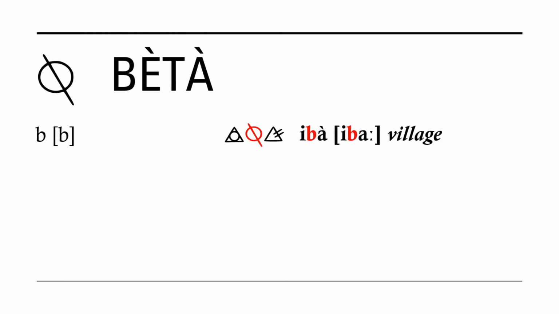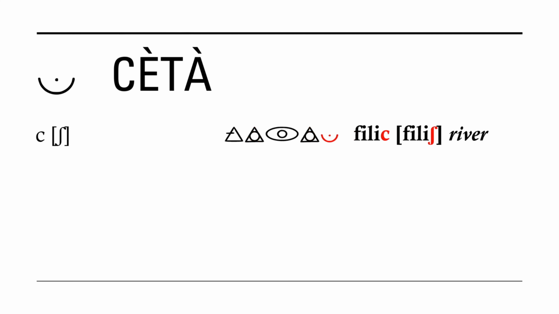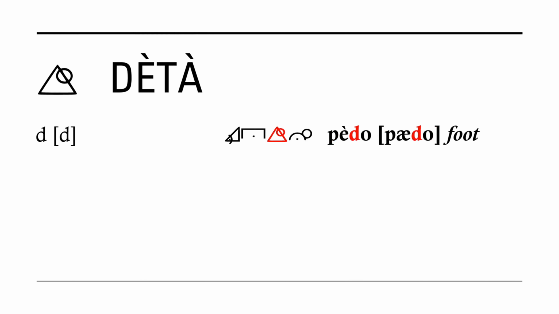Then, Beta, which is pronounced B, as in Iba. Sheta, pronounced Sh, as in Filish. Then Deta, pronounced D, as in Pedo.